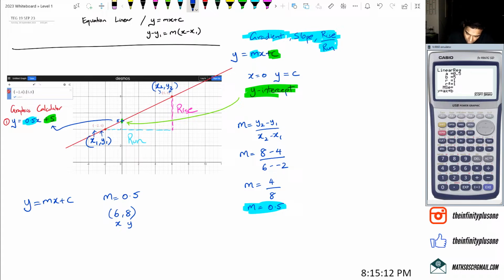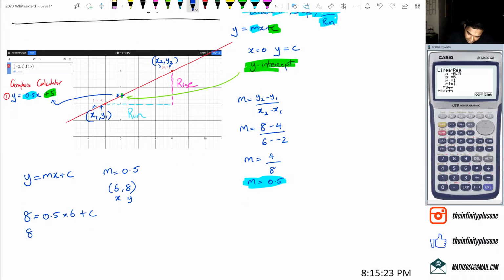So I'm going to substitute y as 8, m is 0.5, x is 6, and c I don't know. So I get 8 is equal to 0.5 times 6, which is 3, plus c. Rearranging, 8 minus 3 is equal to c, so c is equal to 5.